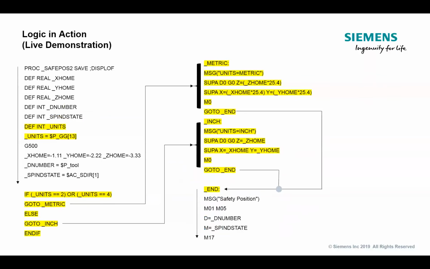And then we're going to add in some conditional logic to say, hey, if my unit of measure is either a value of 2 or a value of 4, and that's what the double equals means, if the variable I've built equals this, then you must be in metric. If it's other than that, then I want to be in inch.